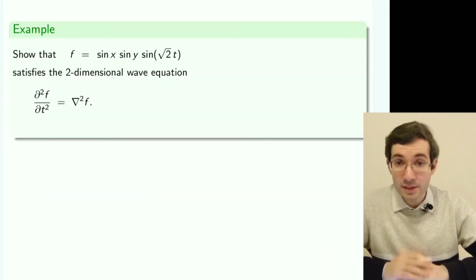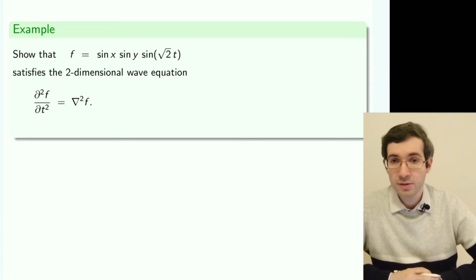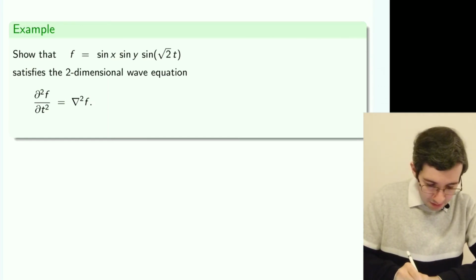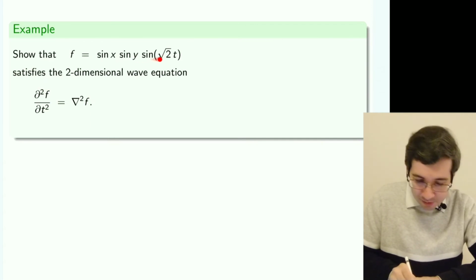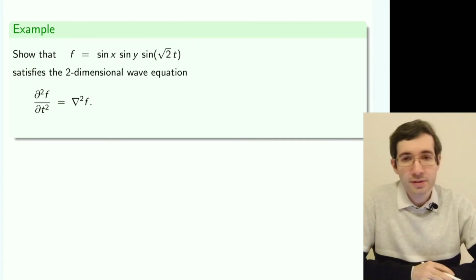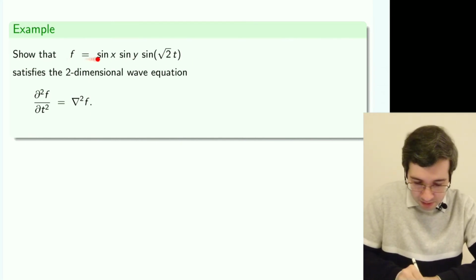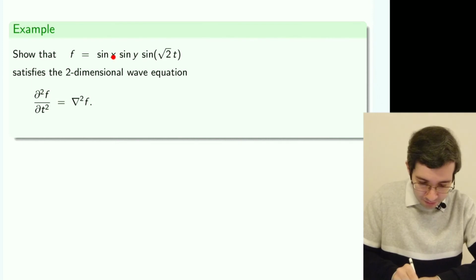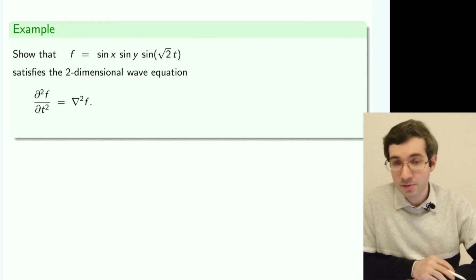Let's look at an example, so at least we understand how it works a little bit. Let us show that the wave equation we just saw actually has that solution in particular cases. So we need to prove that this function, this scalar field, which has both space and also time, satisfies this equation. How to do it?